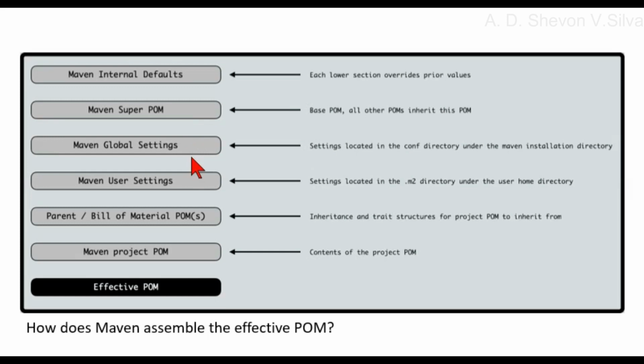Maven global settings located in the conf directory under the Maven installation directory. Maven user settings located in the .m2 directory under the user home directory. Parent or bill of materials POMs, inheritance and trait structure for project POMs to inherit from. Maven project POM, content of the project POM, and here you can see the effective POM.